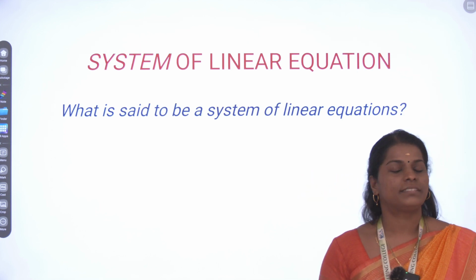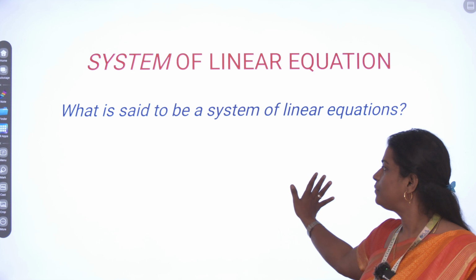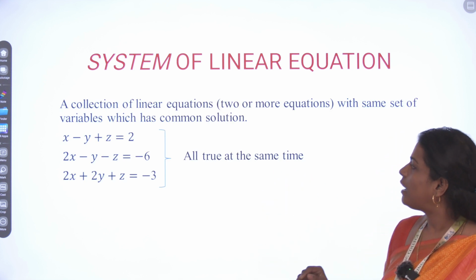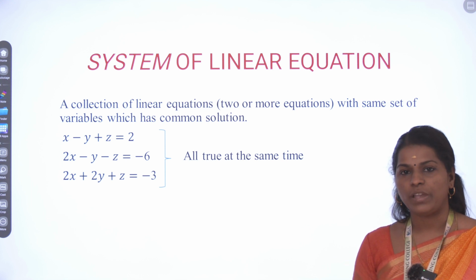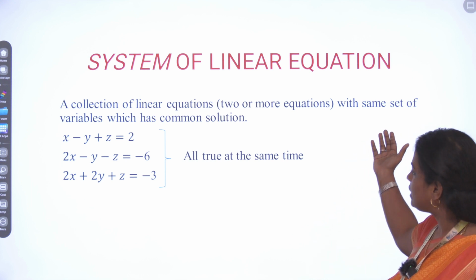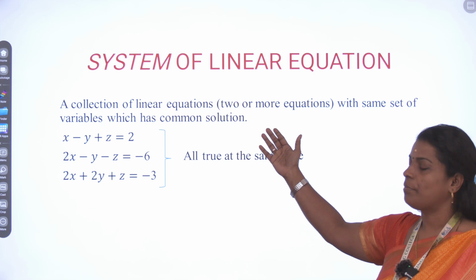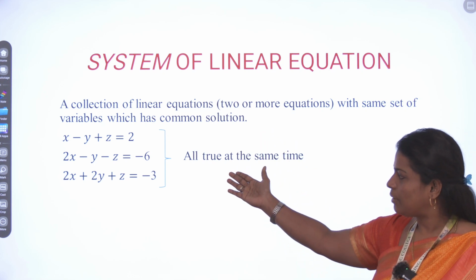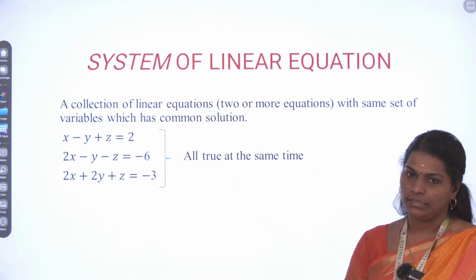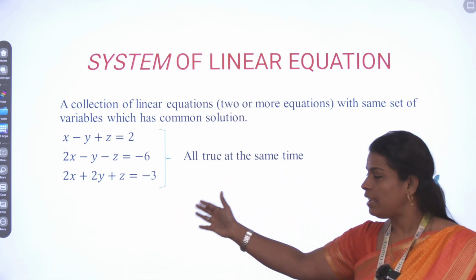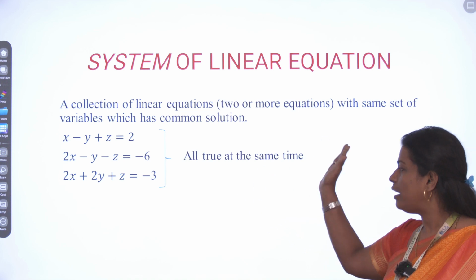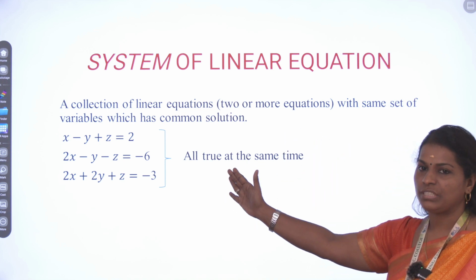What is said to be a system of linear equations? A collection of linear equations, collectively two or more equations put together with the same set of variables which has a common solution. Say for example, I have considered three equations here. For this system, the variables are the same, x, y, z, and all those equations should be true at the same time, separately.